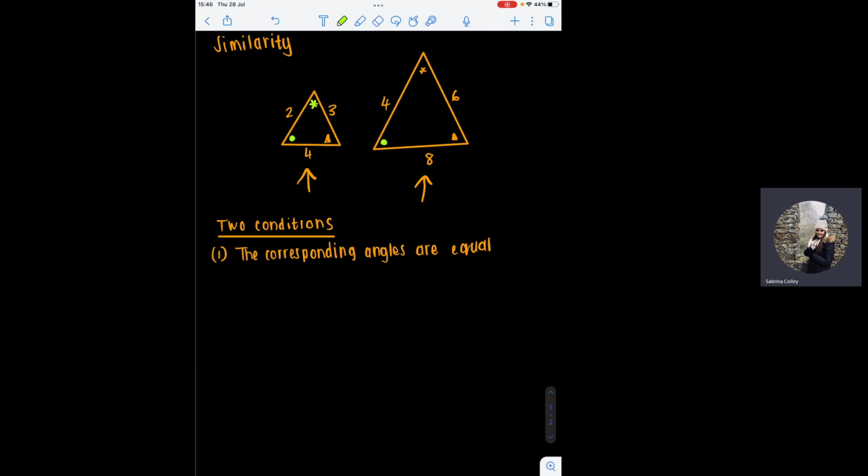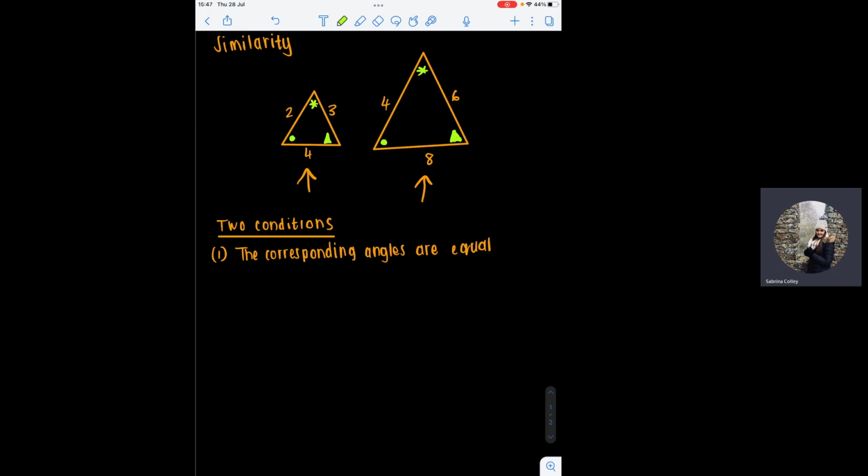This angle in the smaller one is equal to this one in the bigger one, and this one in the smaller one is equal to this one in the bigger one. So corresponding means the one angle in the one shape, not in proportion, but relating to the other shape.